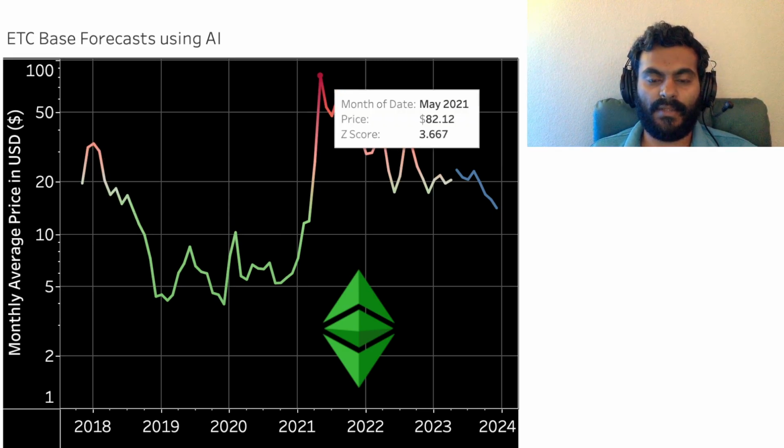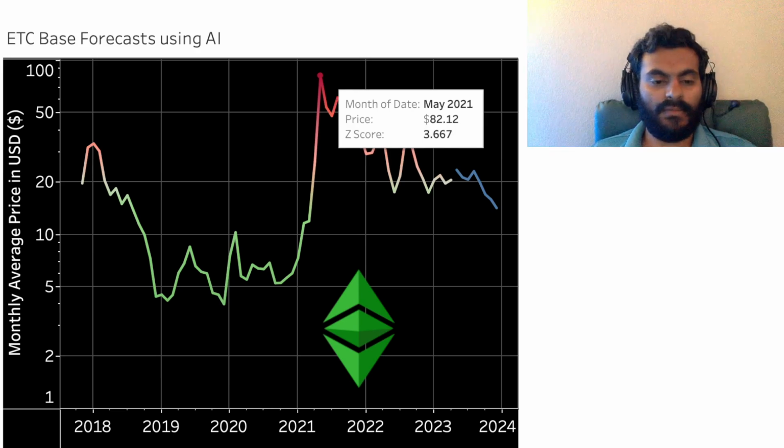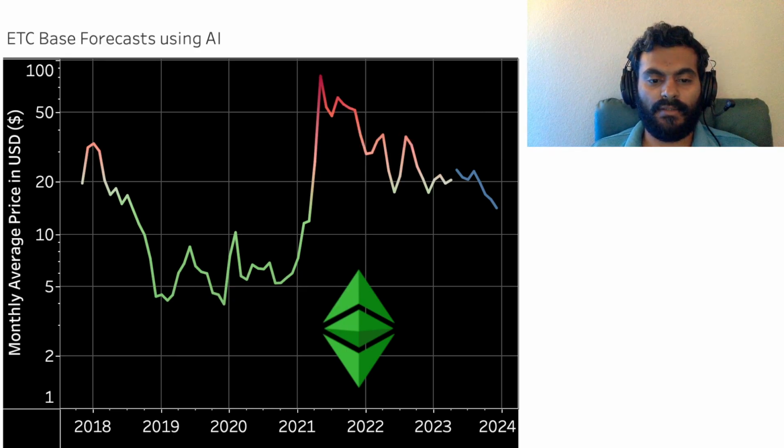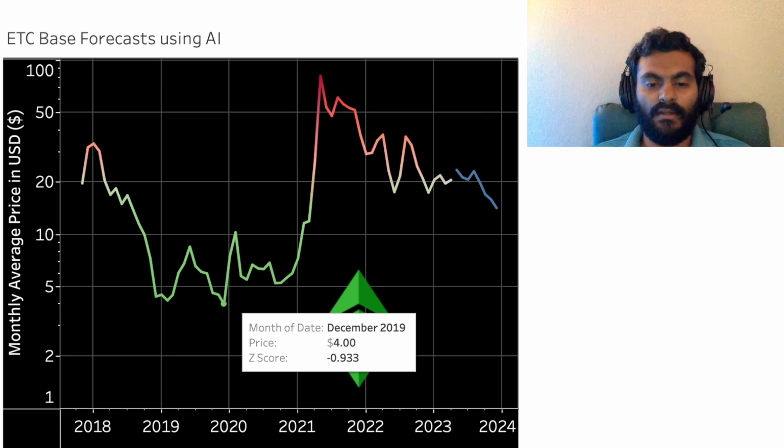For example, in May of 2021, when the average price was around $82, the z-score was 3.66, and that's why the color is deep red. Similarly, during the bearish phases of the market, for example, in December of 2019, when the average price of this token was around $4, the z-score was almost 0.94 to the downside.